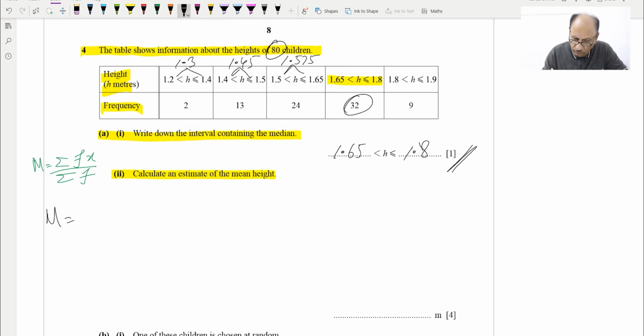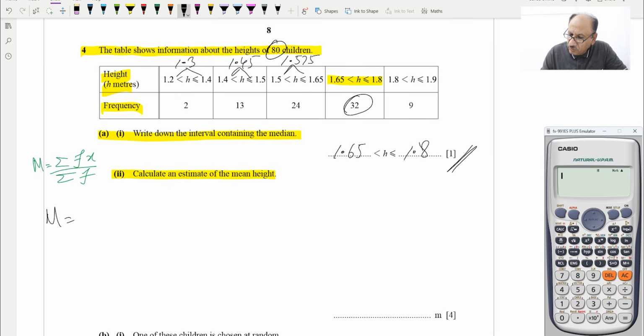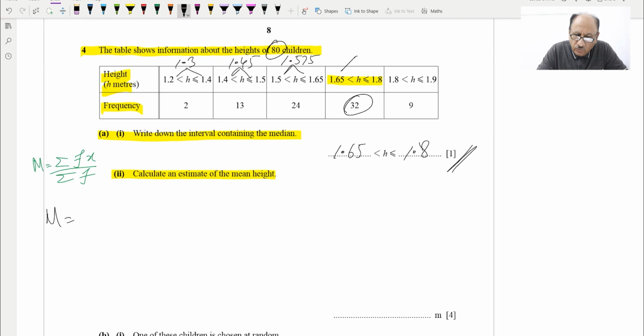Then 1.65 plus 1.8, divided by 2, is equal to 1.725. And the last one will be 1.85.